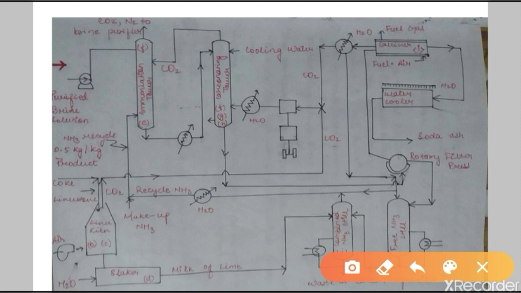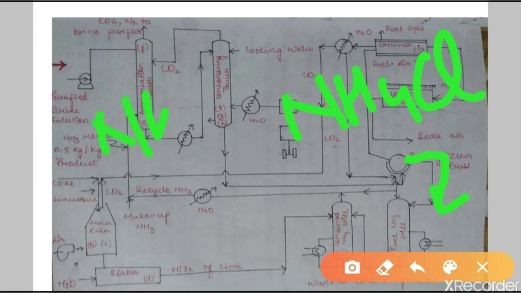Now let us come to the bottom part, which is mainly the recycling part. From the rotary drum filter we are getting NH4Cl. I hope you remember that our carbonating tower was giving us NH4Cl, the sodium bicarbonate, and water.